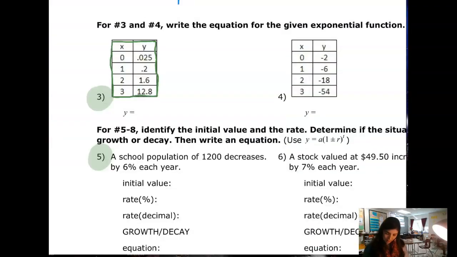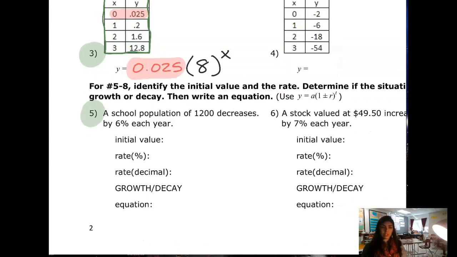Again, this is y equals 0.025 parentheses 8 to the x power. I don't have to use the annotated ones with the squiggly line when I'm writing an equation. That's only for Desmos to know it's running the regression for us. You can also take a hint here. We said that our a value is always at the beginning. It's also my y-intercept. So we know that this equation works because it has the same y-intercept, and these are multiplying by 8 every time.